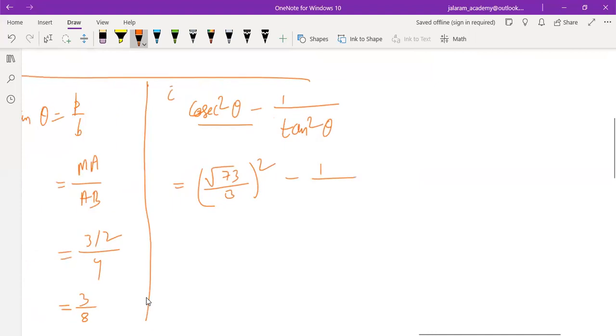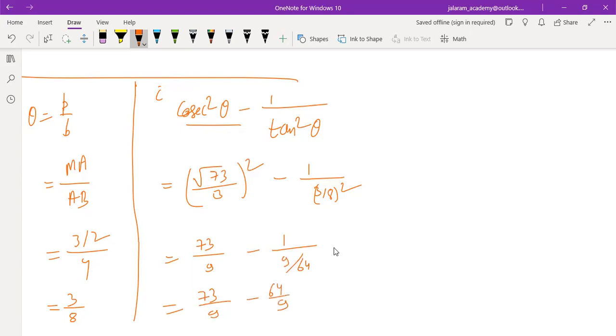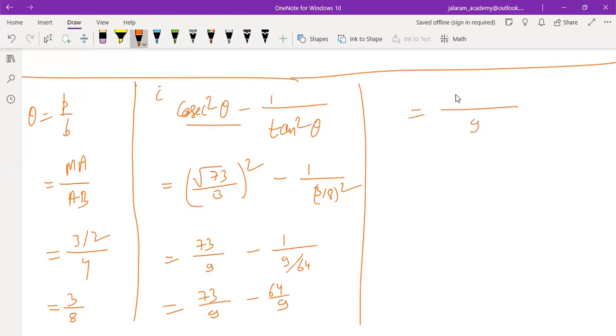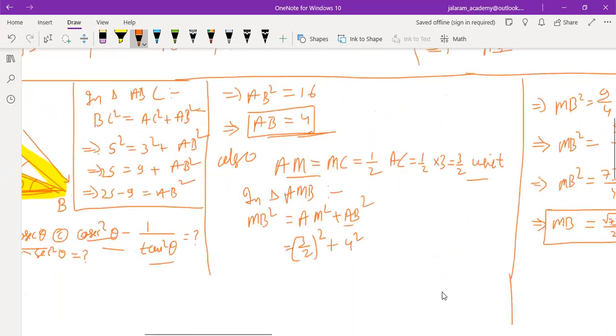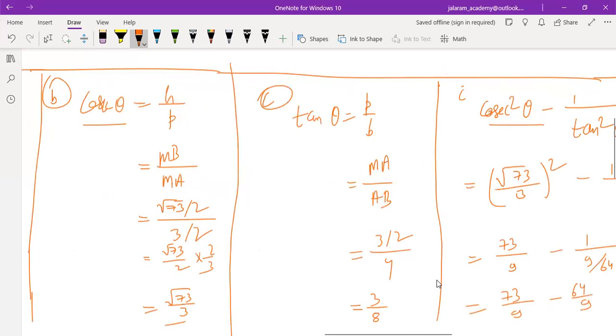Minus 1 upon value of tan theta is 3 by 8. So 3 by 8 whole square equals to 73 by 9 minus 1 upon 9 by 64. So reciprocal of 9 by 64 is 64 by 9. Now if we take LCM as 9, it is 73 minus 64 upon 9, that is 9 by 9 equals to 1. So in this way we can find the value of this as 1. Hope you must have understood this.